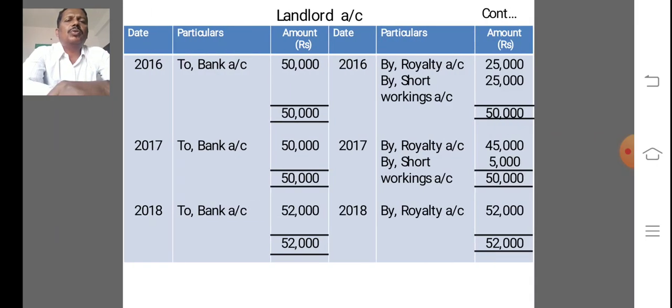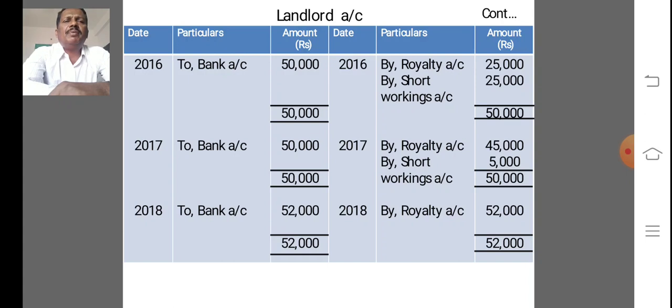Next, we prepare landlord account. So in 2016, to bank account 50,000, by royalty 25,000, by short workings 25,000. We paid 50,000 in the form of royalty 25, short workings 25.